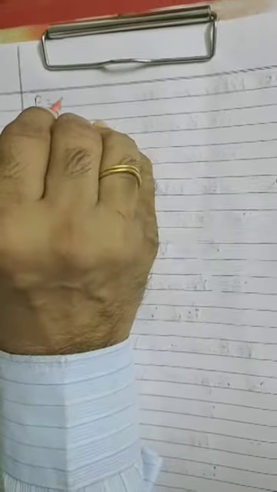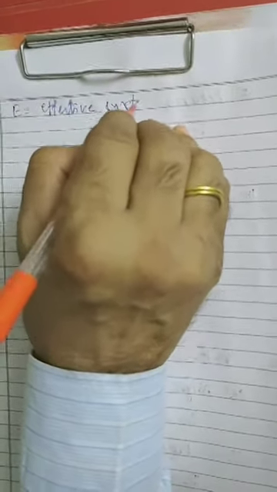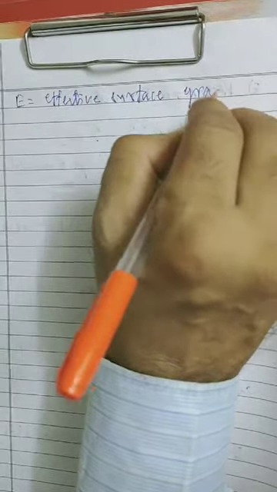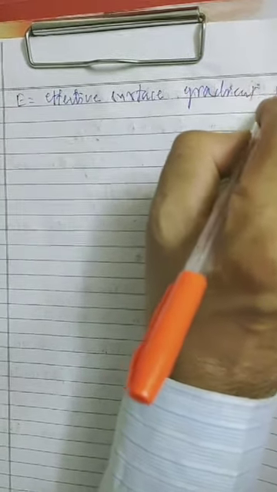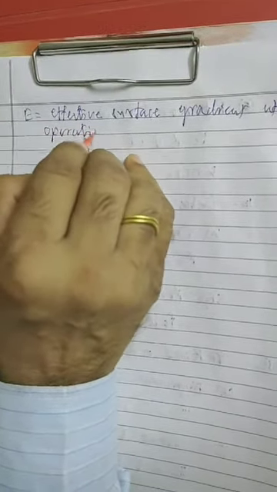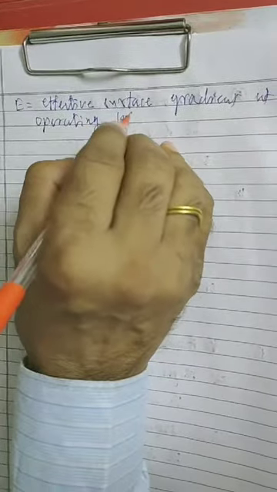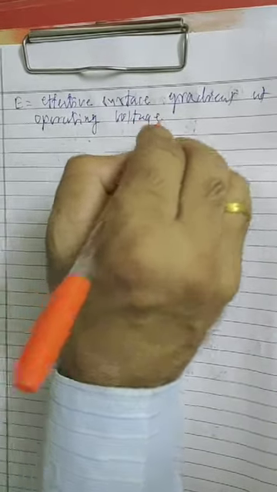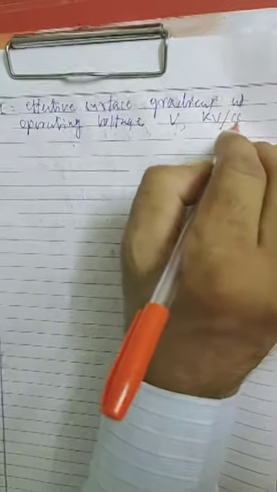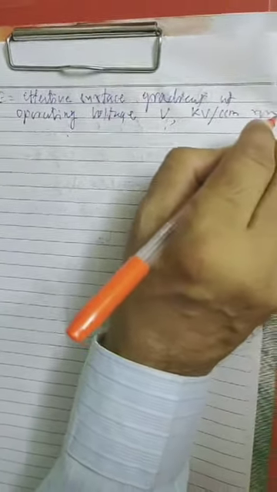E, capital E, is the effective surface gradient on the conductor surface at operating line voltage V, in kV per centimeter, RMS kV.